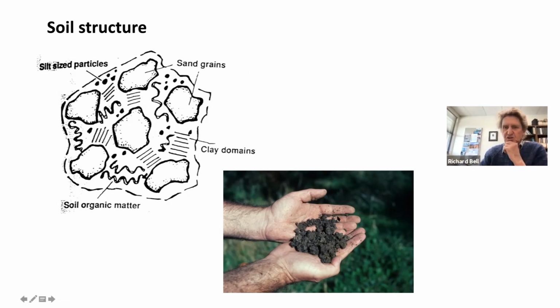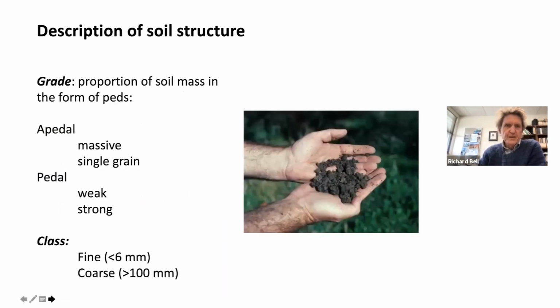And that is shown in the photograph on the right-hand side, where with some soils, if you take a handful of the soil, particularly from topsoil, and then just gently apply a bit of pressure, it will tend to fracture and break up into these peds, as shown on the photograph on the right there.